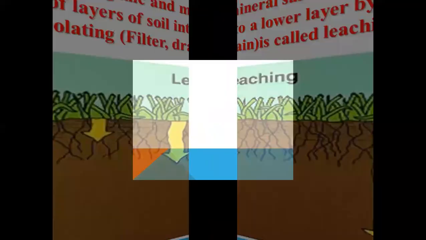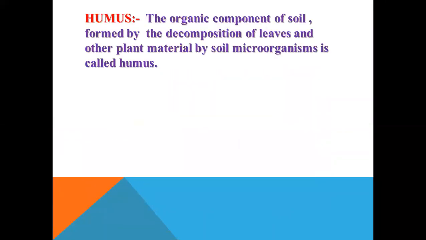The other word which is used here also is humus. The organic component of soil formed by the decomposition of leaves and other plant material by soil microorganisms is called humus. This process is done by the microorganisms which are living in the soil.